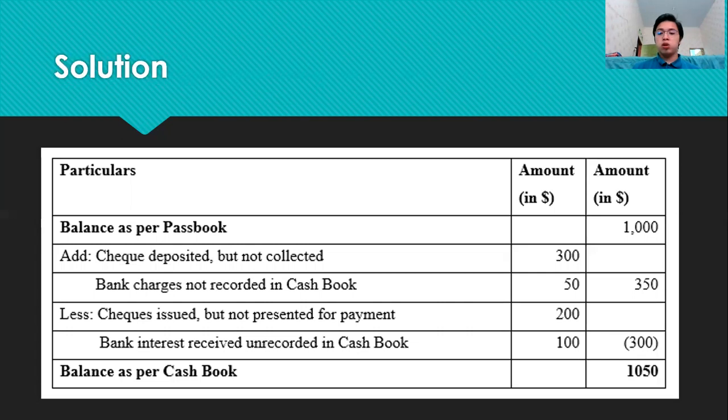So there will be an addition of $350. Less: check issued but not presented for payment is 200. Bank interest received, unrecorded in the cash book, is 100. So it will be less 300. So the balance as per cash book will be 1,050.